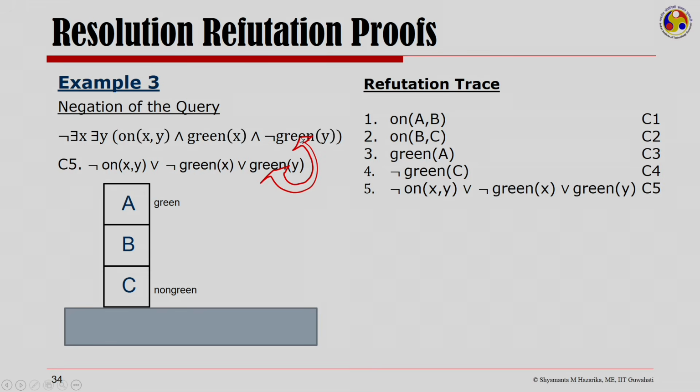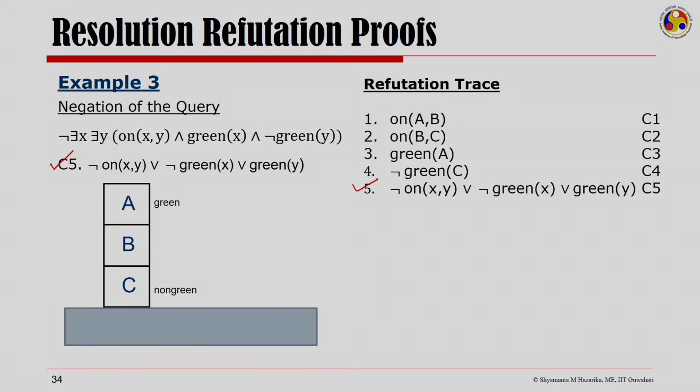So I convert the query to clausal normal form. This would require that I first convert this as for all X, for all Y, not of the statement, and take it inside. So I generate the clause for the negation of the query and add it to my set of clauses.